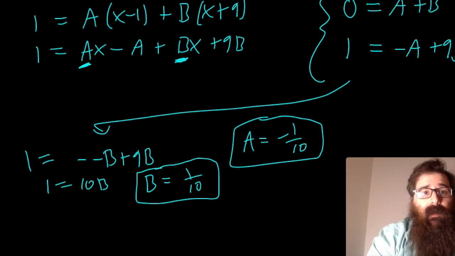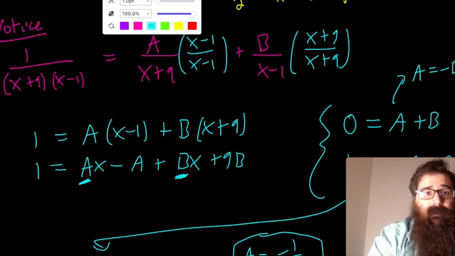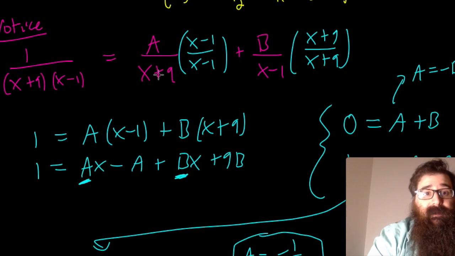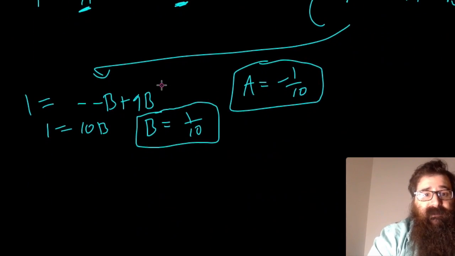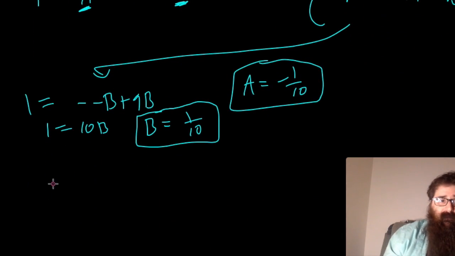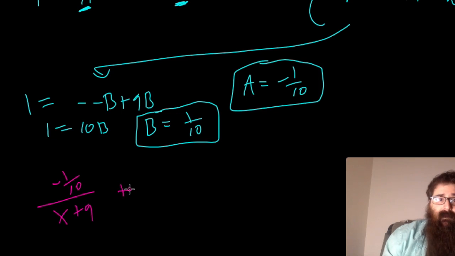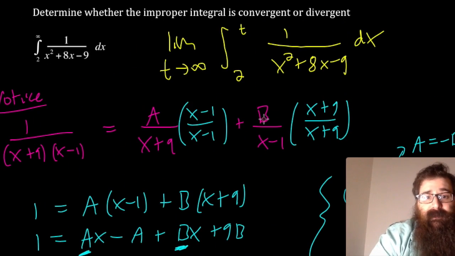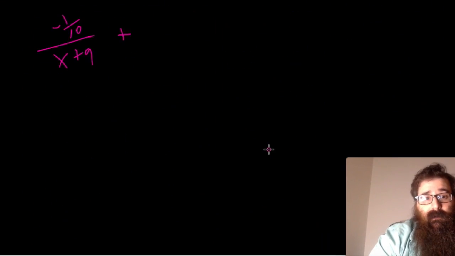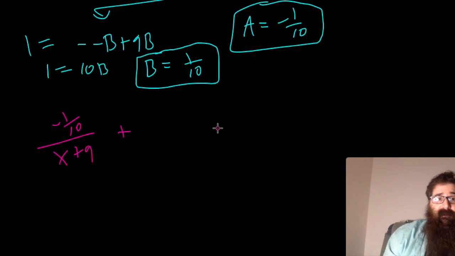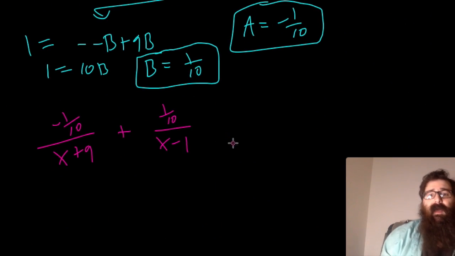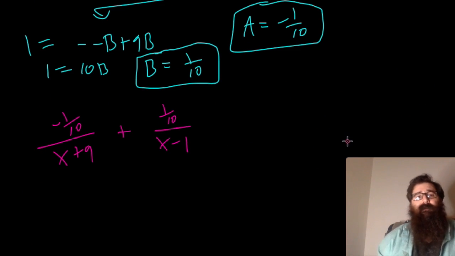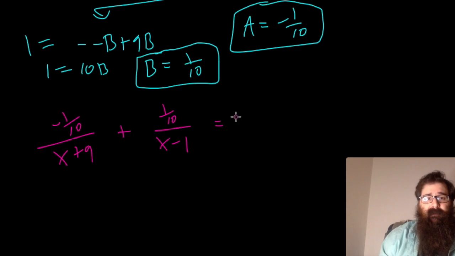So then writing out our partial fractions, that's A over x plus 9, which is negative 1/10 over x plus 9, plus B over x minus 1, and B was 1/10 over x minus 1. And I would probably factor out a 1/10. I don't want to leave it in the numerator anyways.